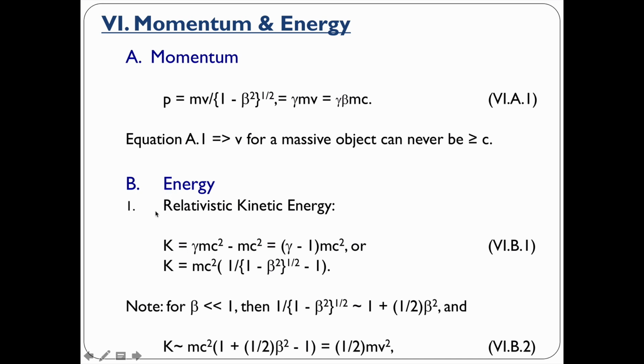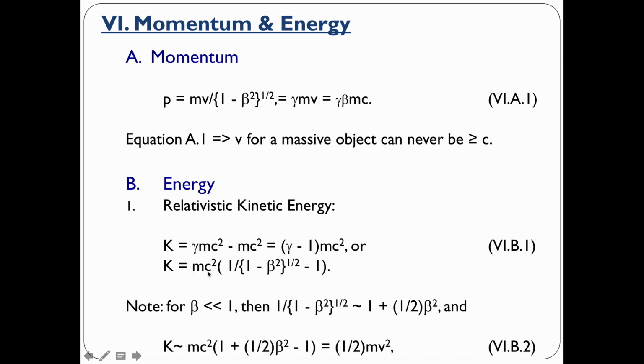We can also define a relativistic energy, and again, this is based on how we look at velocities and how they're added. Namely, we can write gamma times mc squared, ooh, that looks familiar, minus mc squared, or gamma minus 1 times mc squared, for the relativistic kinetic energy.